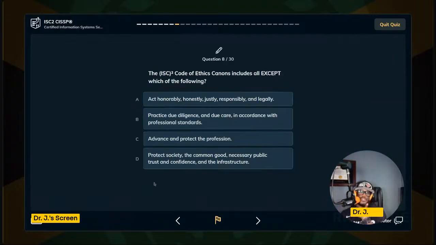All right. The ISC2 code of ethics canons includes all except which of the following? All right. Advance and protect the profession, correct. Protect society, the common good, necessary public trust, and the infrastructure.